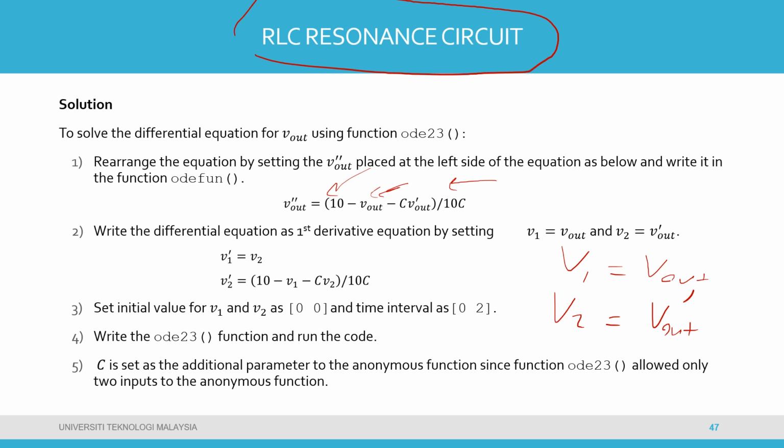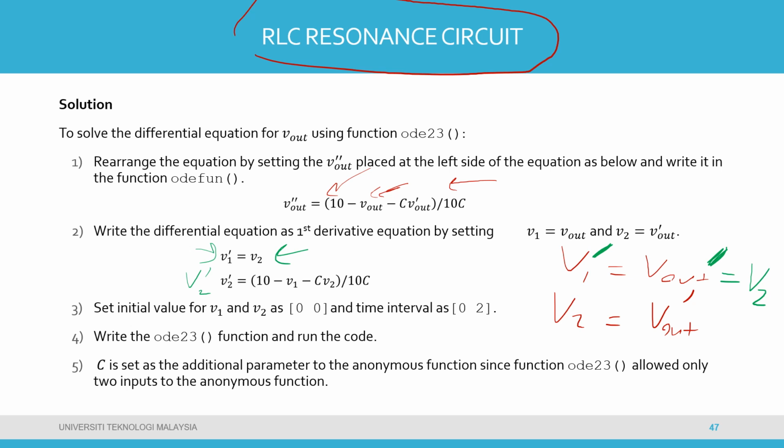V1 bar is equal to V out bar, so V1 bar is basically V2. That is why V1 bar is equal to V2. How about V2 bar?